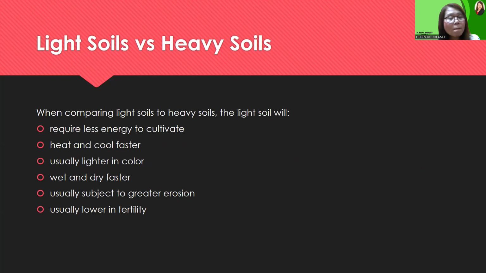When comparing light soils to heavy, the light soil will require less energy to cultivate. It heats and cools faster and is usually lighter in color. So how about here in Bohol?